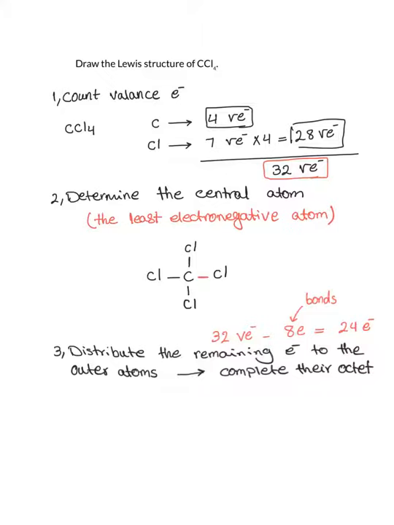So, the outer atoms here are 4 chlorines.